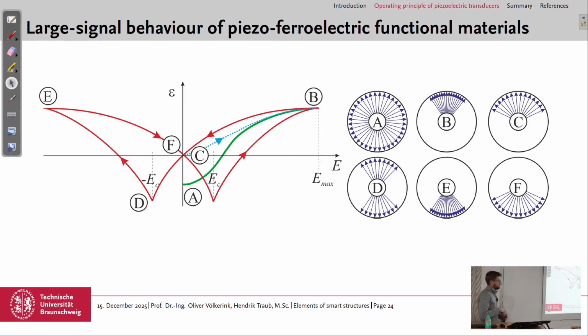There's another characteristic diagram. It's called the butterfly curve, because it looks similar to a butterfly, which has again the x-axis with the electric field, but now on the y-axis we have the elongation epsilon and not the polarization anymore.